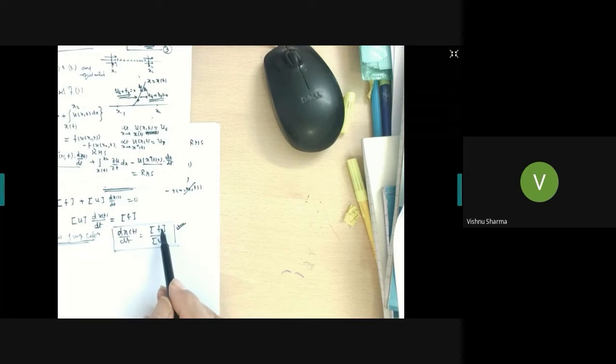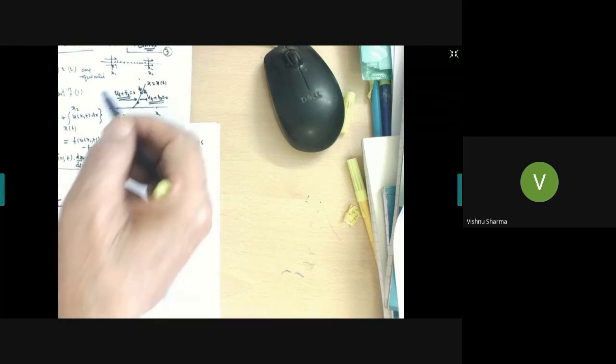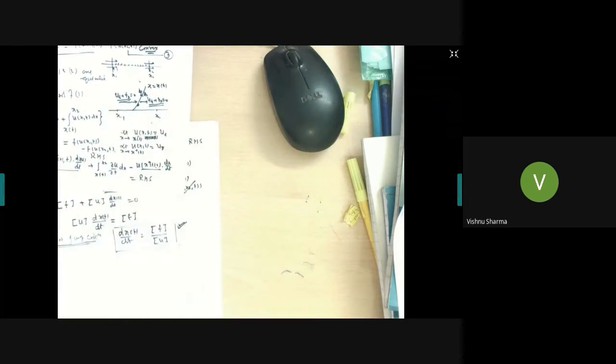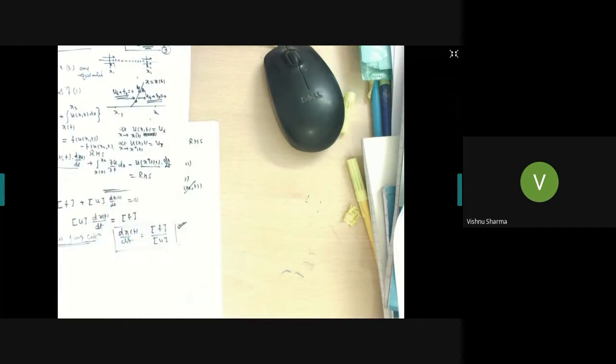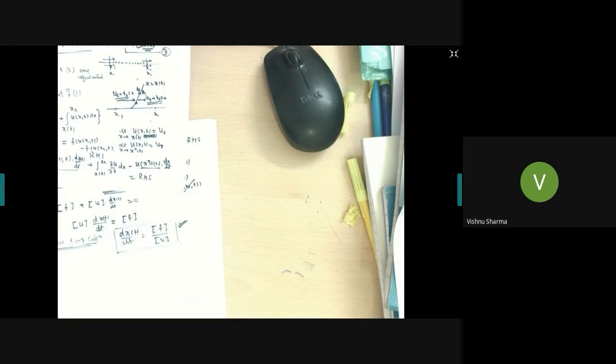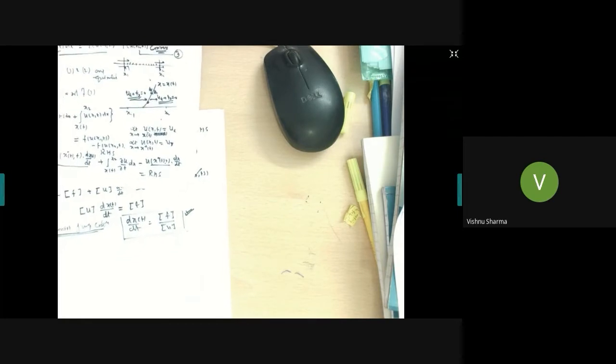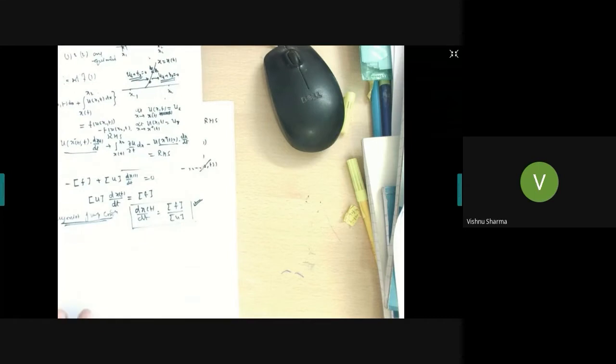This is your jump in flux, this is jump in density. Its reciprocal is nothing but the slope. Is that right? dx/dt is the velocity, but its reciprocal is the slope of this curve in the xt plane. All right, so let's take an example.